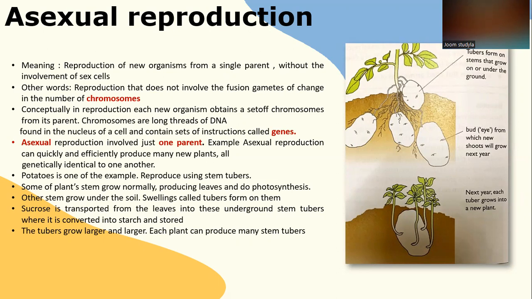Other stems grow under the soil, and swellings called tubers form on them. Sucrose is transported from the leaf into these underground stem tubers, where it is converted into starch and stored. The tubers grow larger and larger, and each plant can produce many stem tubers.